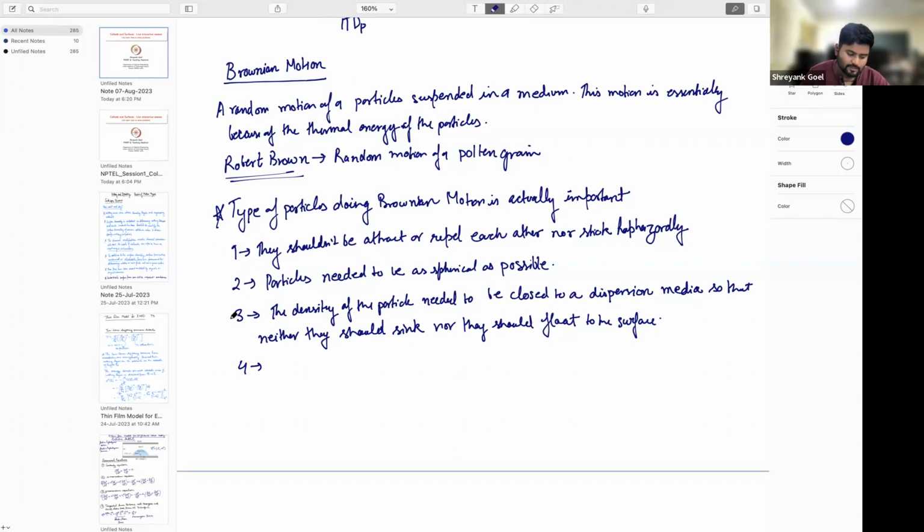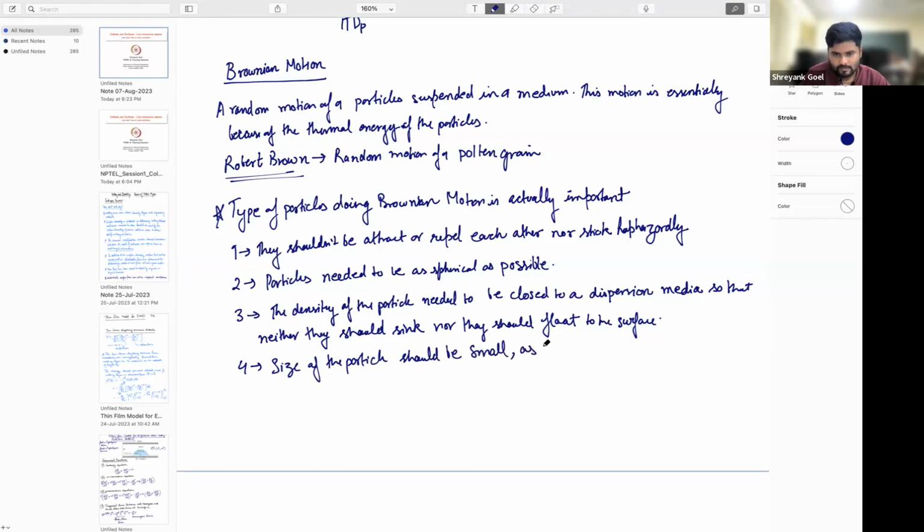Now after this, there is one more difficult constraint, that is the size of the particle. The particle should be small.